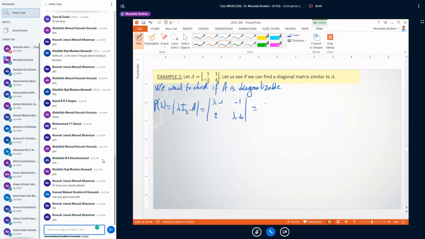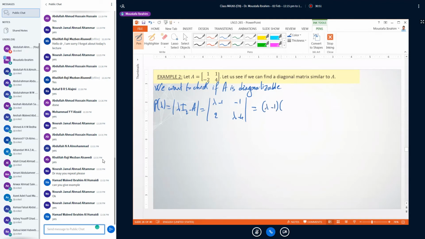Multiply lambda minus 1 by lambda minus 4, minus 2 multiplied by minus 1, it's minus 2, so it becomes plus 2. Opening the brackets: lambda squared, minus 4 lambda, minus lambda, plus 4, plus 2. So finally we get lambda squared minus 5 lambda plus 6.